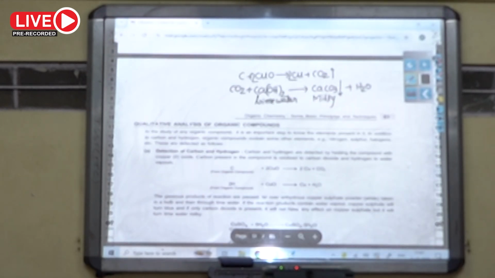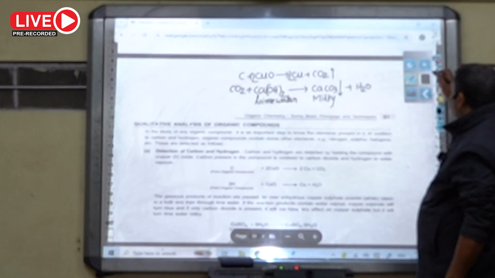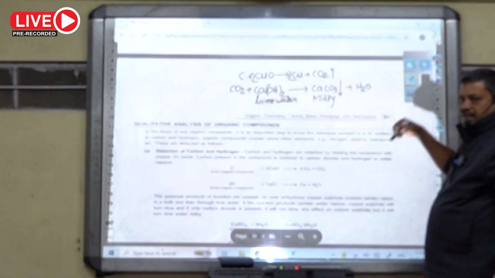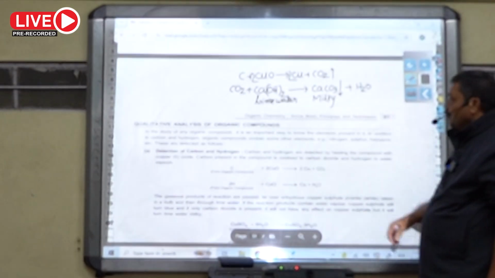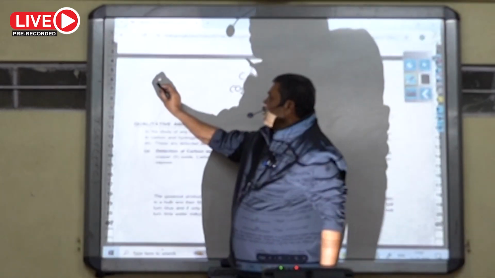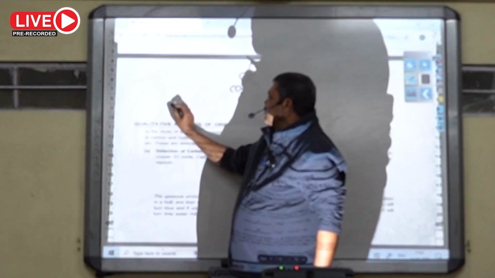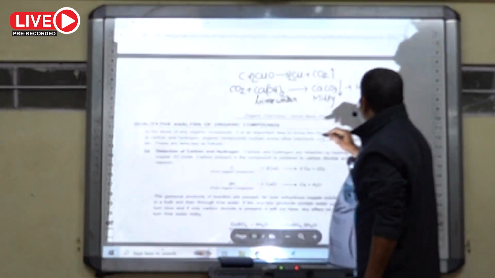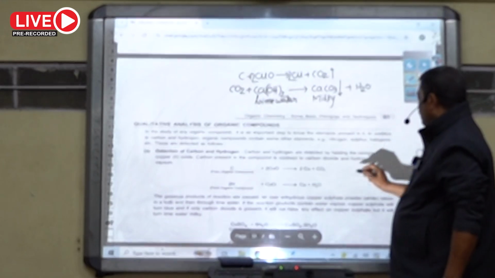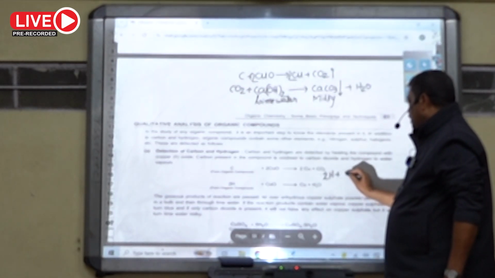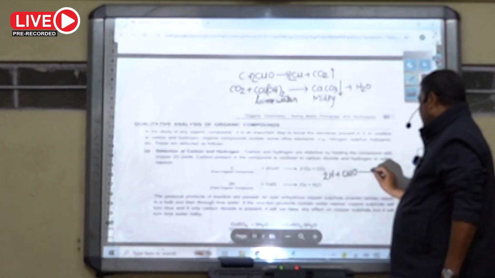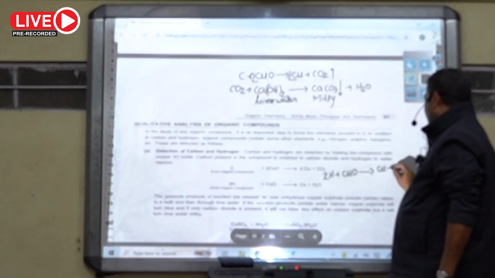Next, if the sample contains hydrogen, two hydrogen atoms react with cupric oxide to form copper plus H2O.